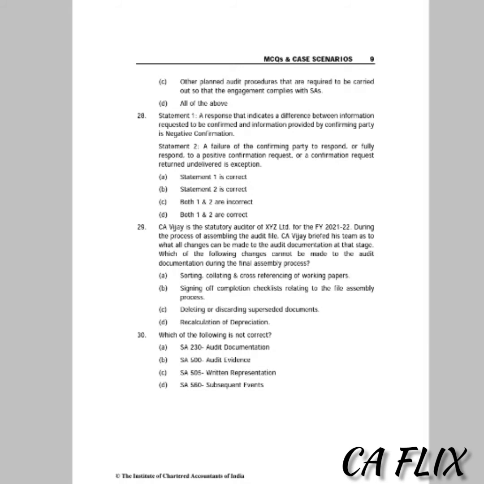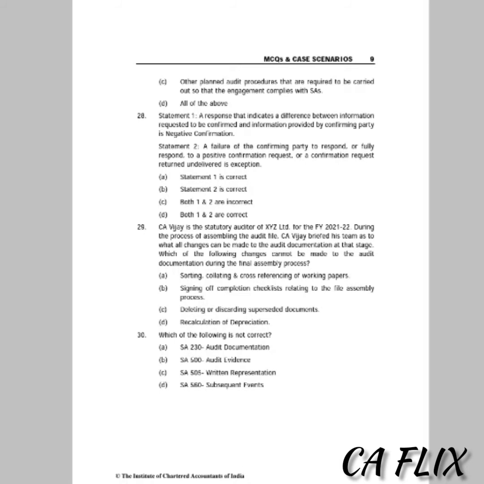Question 29. CA Vijay is the statutory auditor of XYZ Limited for the financial year 21-22. During the process of assembling the audit files, CA Vijay briefed his team as to what changes can be made to the audit documentation at that stage. Which of the following changes cannot be made to the audit documentation during the final assembly process?